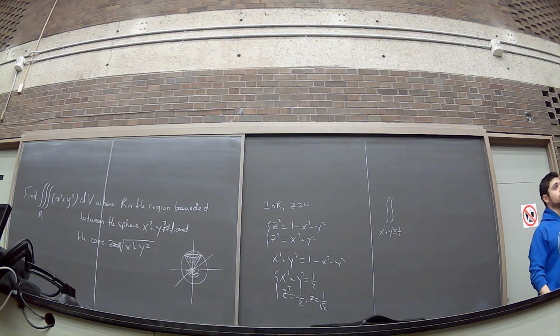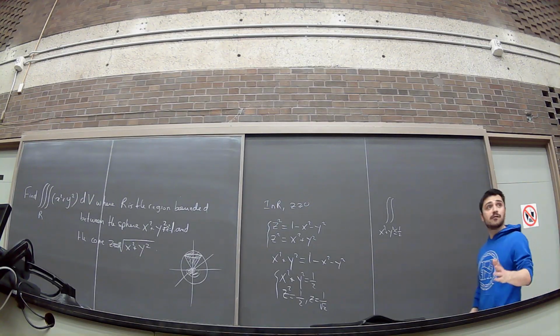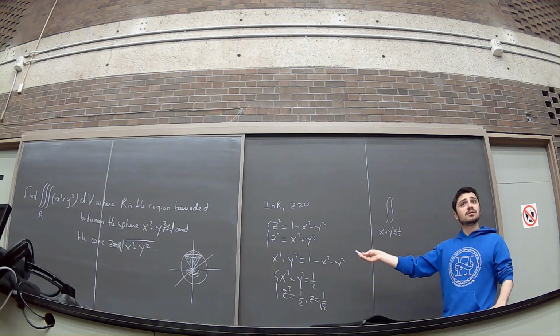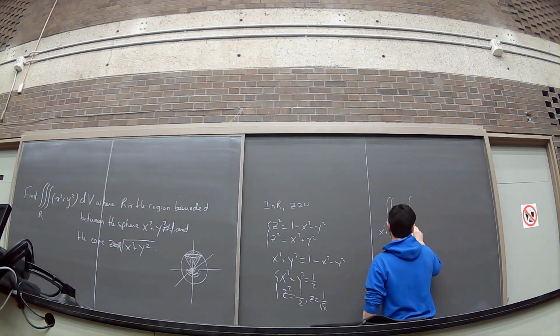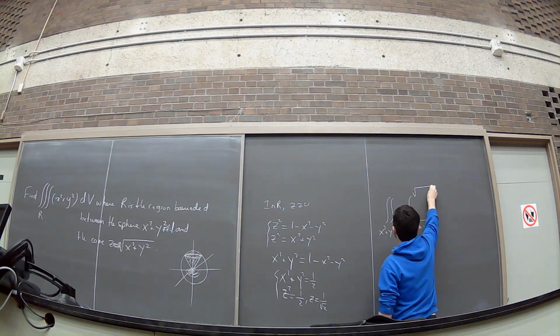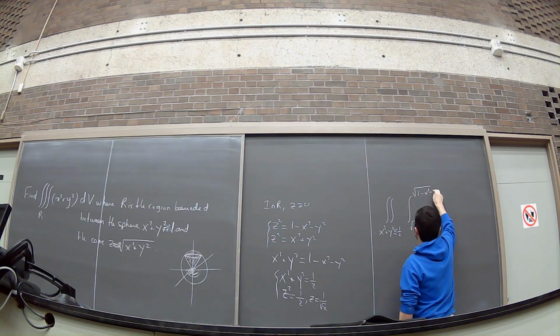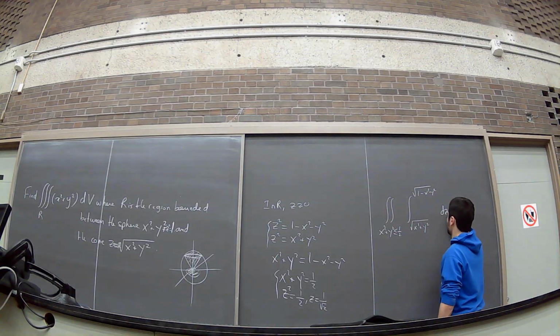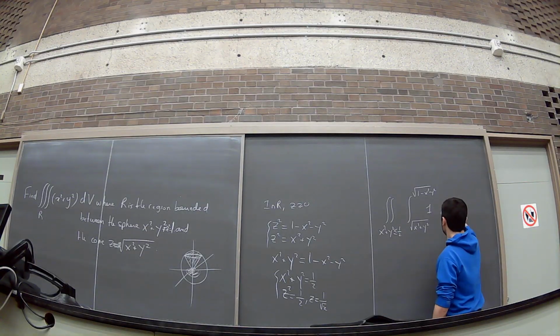Z ranges from the cone to the sphere. Everybody, we agree? Yes or no? Z ranges from the cone to the sphere. I want the volume, so I integrate 1 dz dx dy.